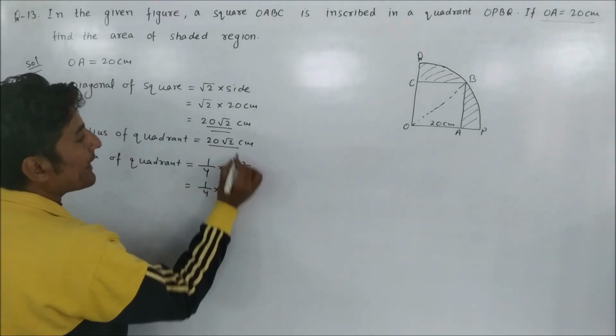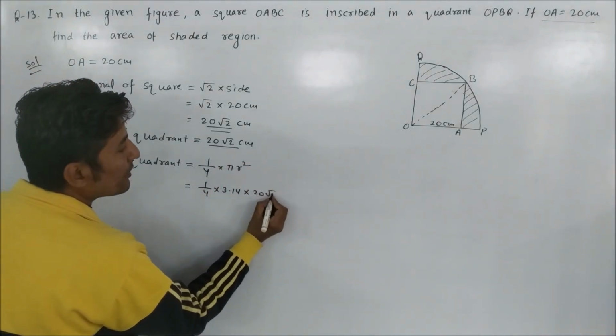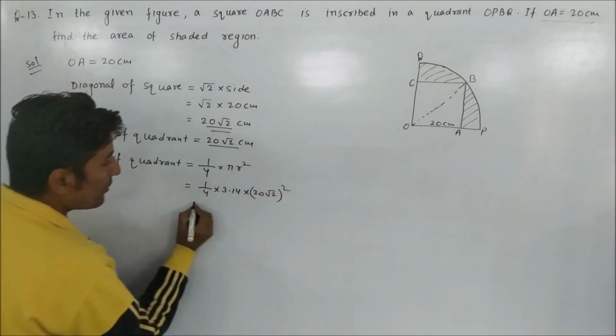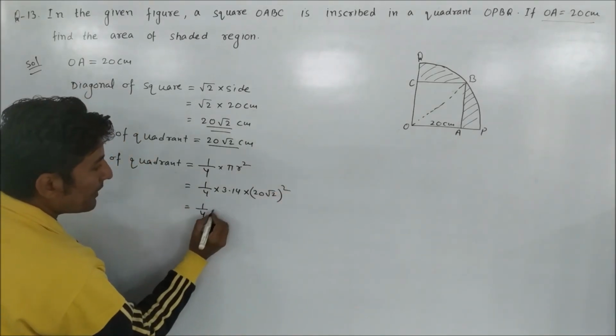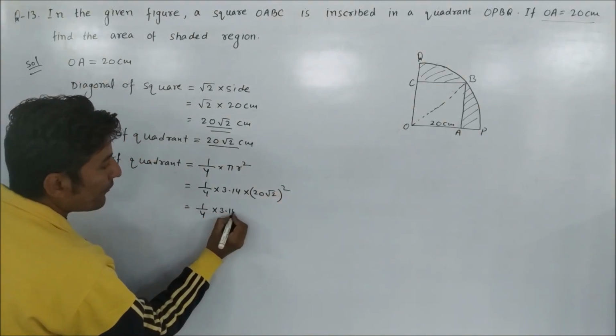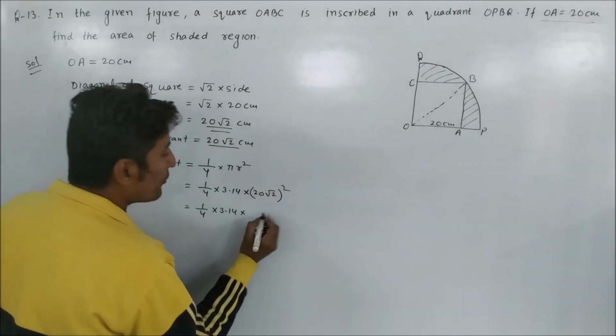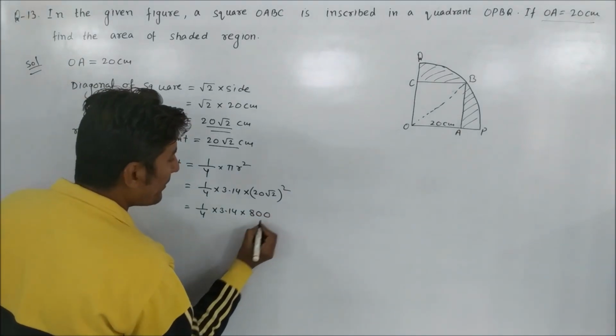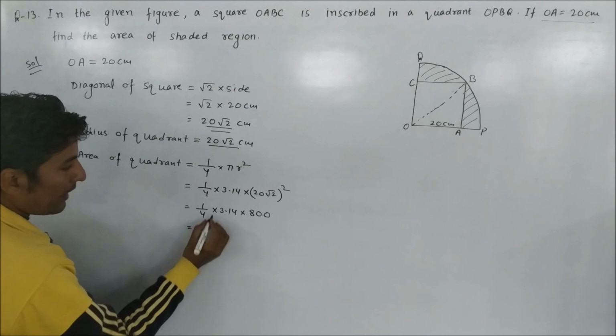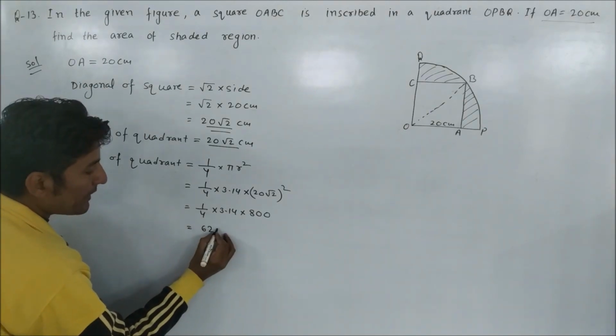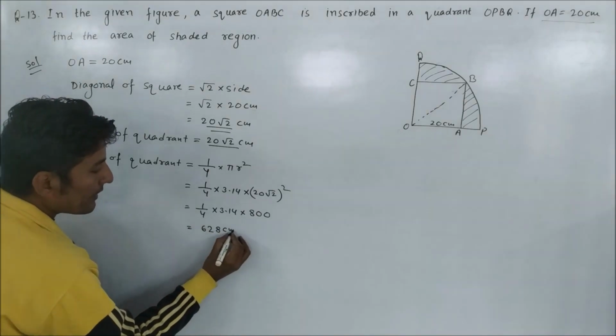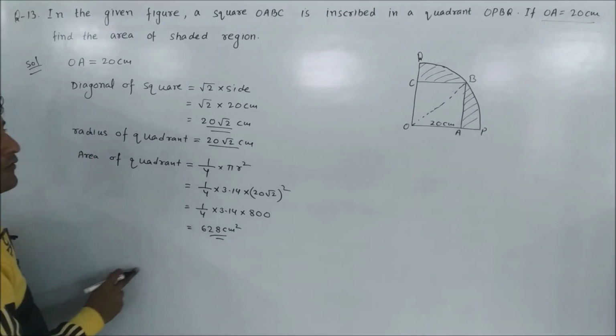Radius we have already calculated, 20 root 2 centimeter, squared. So here we can write 1 upon 4 into 3.14. The square of 20 root 2 will be equals to 800. And after solving this one, we will have 628 centimeter square. So this is the area of quadrant.